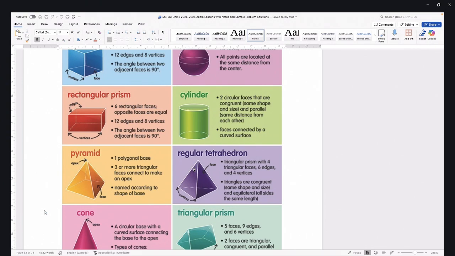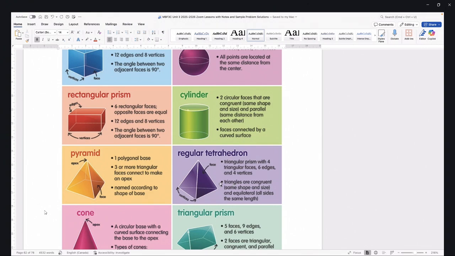A triangular pyramid would be a regular tetrahedron, where all sides are the same, even the base. So it's got 3 sides that are going to be triangles, and the base is a triangle as well. So there's going to be 4 triangular faces, 6 edges, 4 vertices, and the triangles are all congruent.